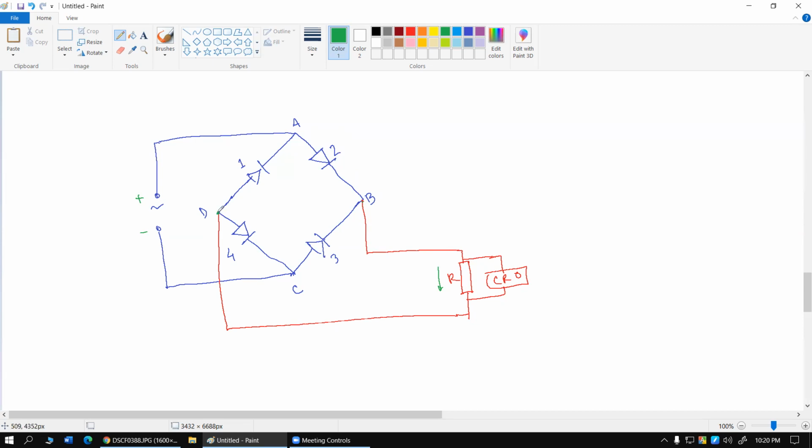Now you should see that as the current reaches this point D, it has both the ends open. This diode is also allowed, this diode is also allowed. But the question is, current always flows from high potential to low potential. Whenever this point is positive, does this also mean that this point is also positive? And if this point is negative, C point should be negative, right?